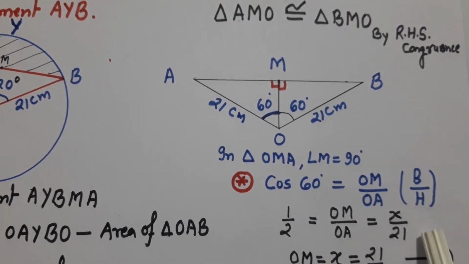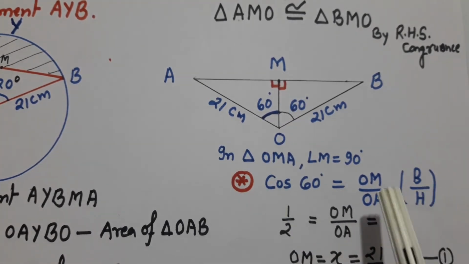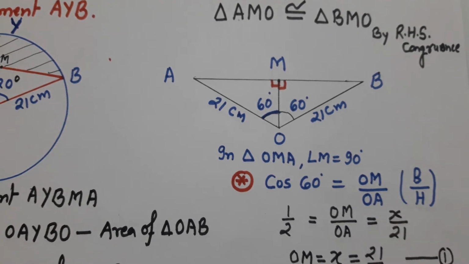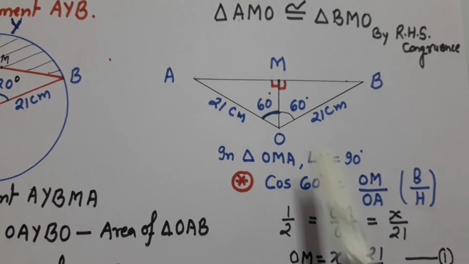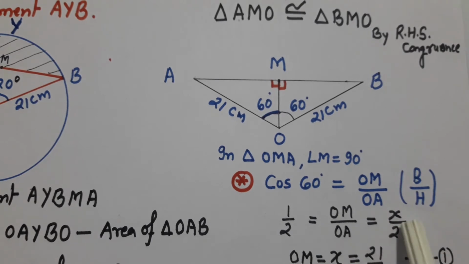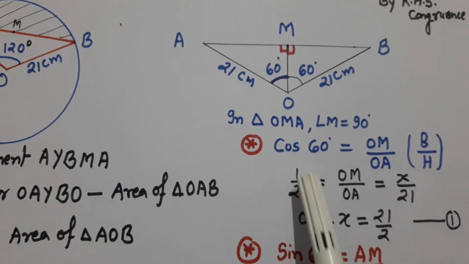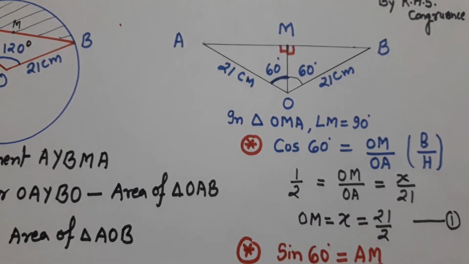Cos 60 equals 1 by 2, which is equal to OM upon OA. OM we can consider X, OA is 21. Then OM equals 21 upon 2. This is the first equation.